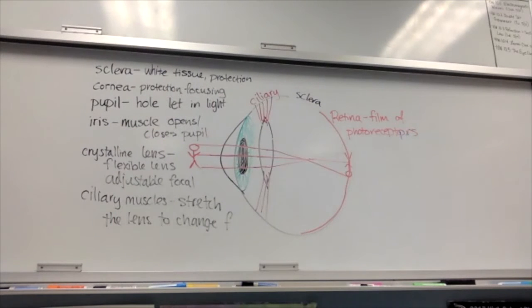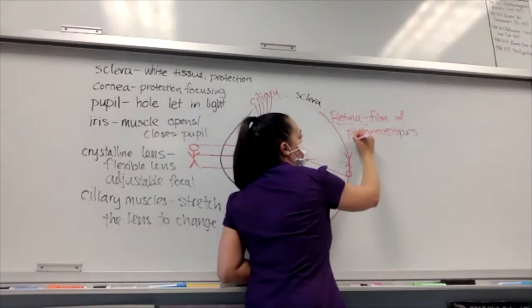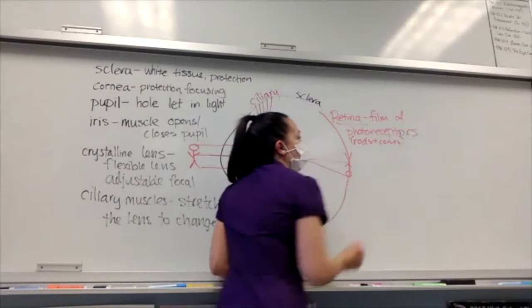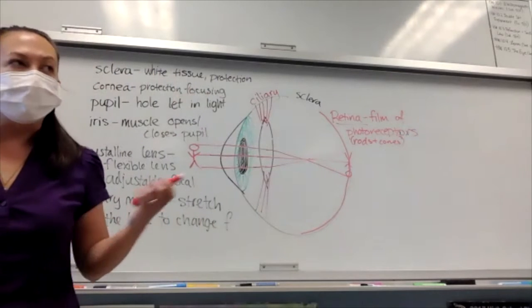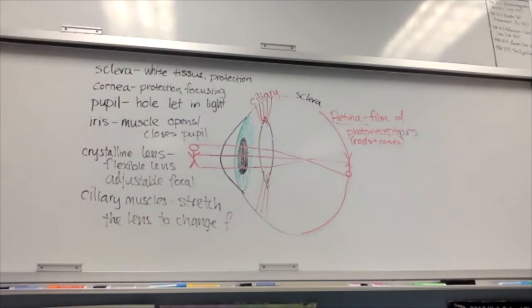Those cells are called rods and cones, and we'll talk about them more later. Rods and cones are our photoreceptors. When they get hit with light, they make electrical chemical impulses that get sent up to your brain. And your brain processes and does the rest.